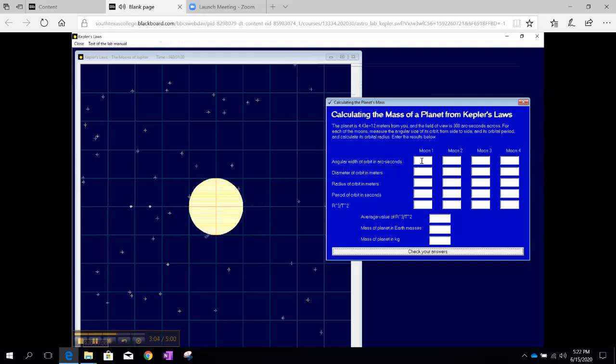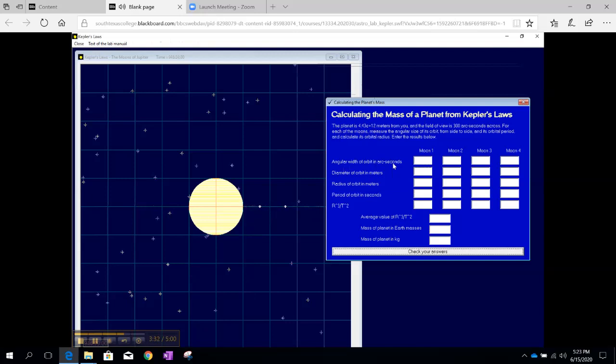Then you have to convert that angular width to the diameter. The planet is this distance from you, so this distance times the angle in radians should give you the diameter. How do you get that?